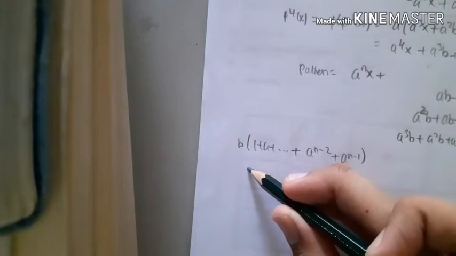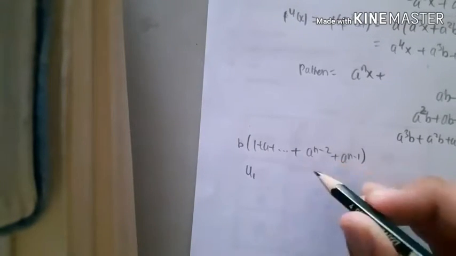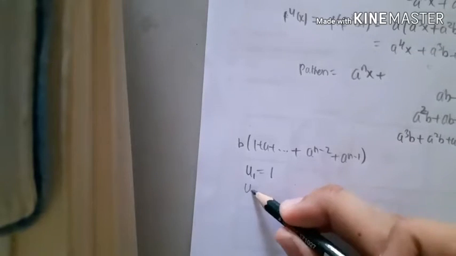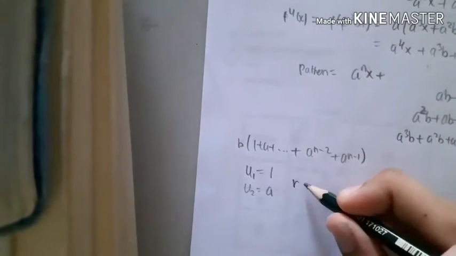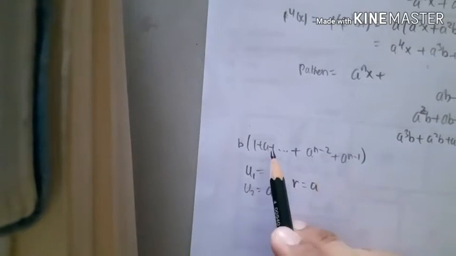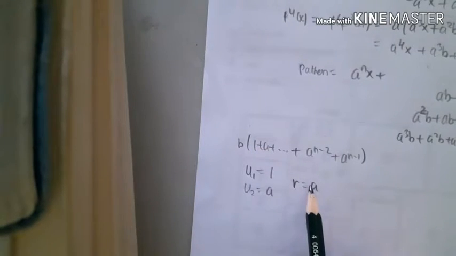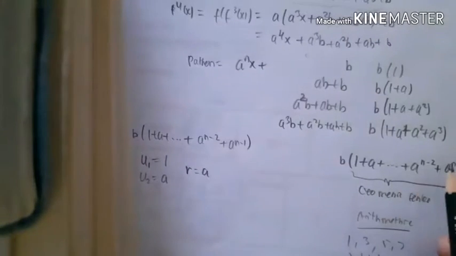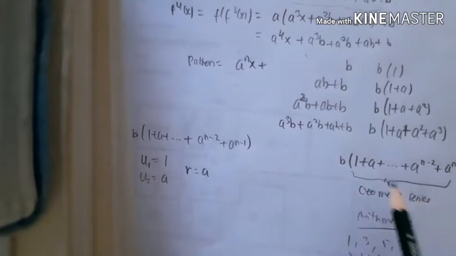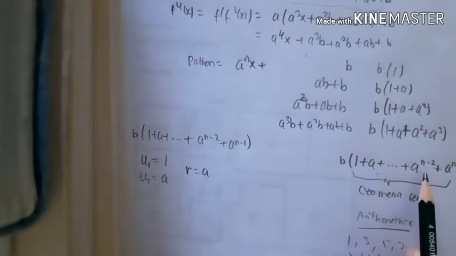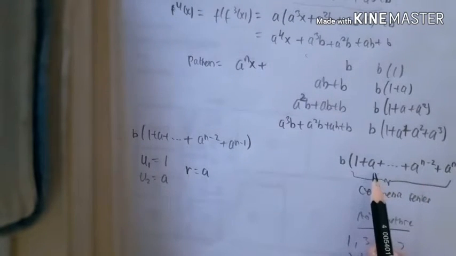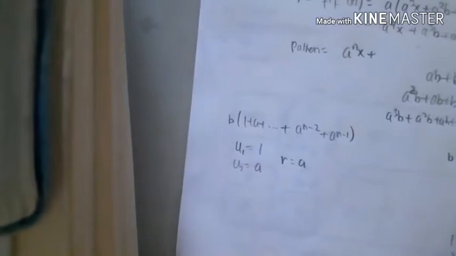The first unit is 1, the second unit is a, and the ratio is a, because a divided by 1 is a, same as a squared divided by a is a, okay?